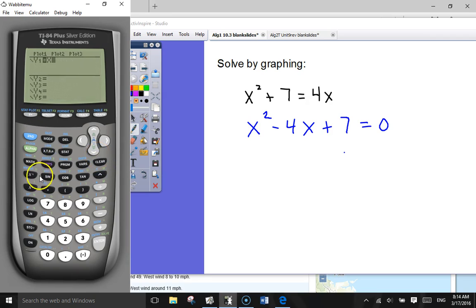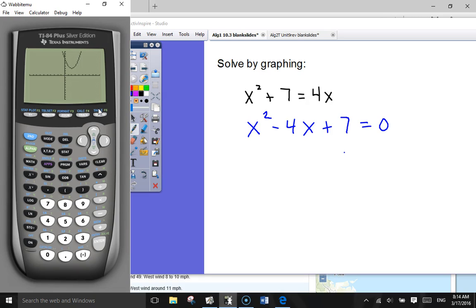So you put that in and you look at the graph. And what do you see? How many x-intercepts do you see? None. No solutions.